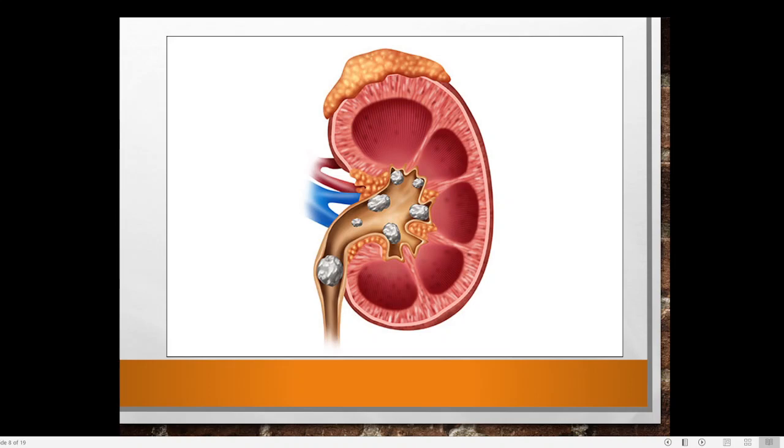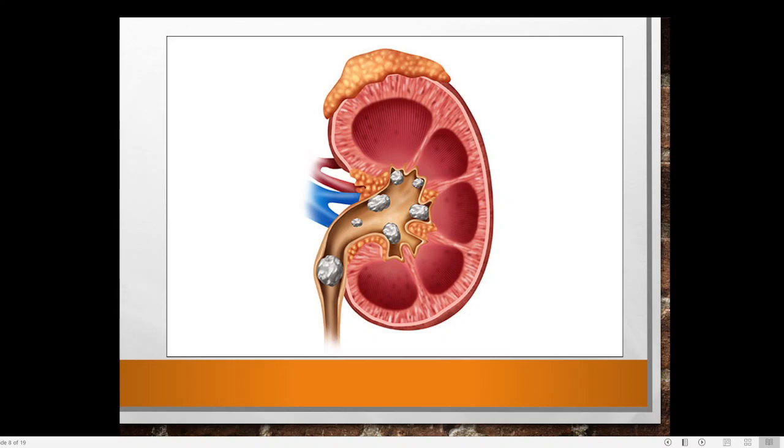So the person may not be able to pass urine, so he will be having a lot of difficulty. At the same time, because of the presence of the stones inside the renal pelvis or the urethra, it also causes intense pain, both inside the kidney and sometimes in the urinary bladder also.